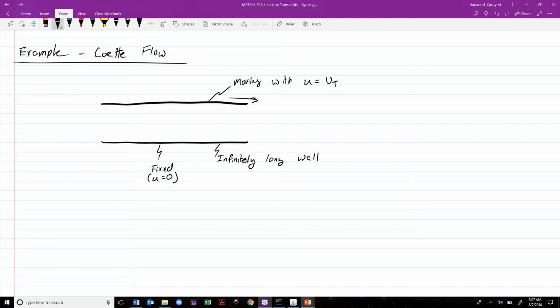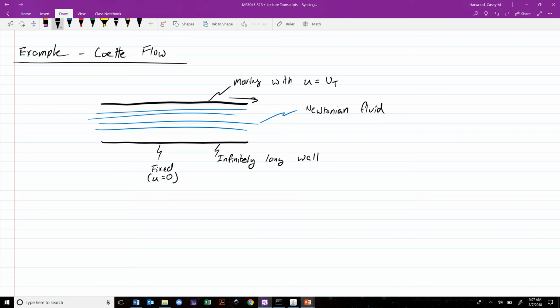And between these two walls, we've got some fluid, which we'll assume to be a Newtonian fluid, such as water, air, oil, what have you.